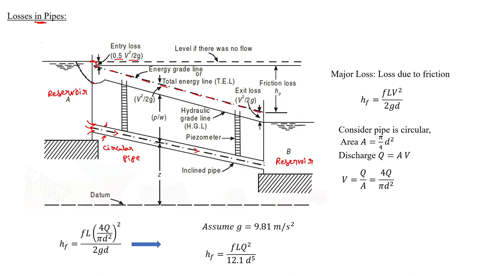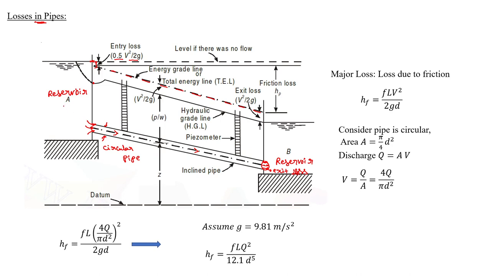After that, when the flow exits from this pipe at this particular location, we also experience one loss termed as exit loss, which is v square by 2g. Okay, this is a general case.